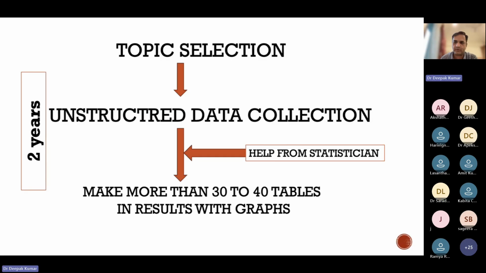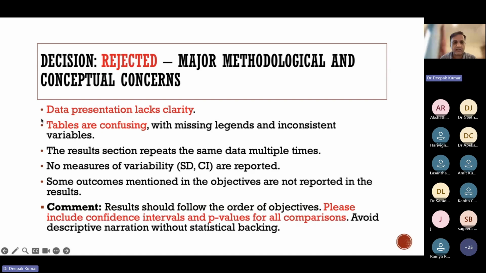At the end, most publications get rejected, and the common causes are that data presentation lacks clarity, tables are confusing, and no clear-cut or correct statistical analysis has been done.